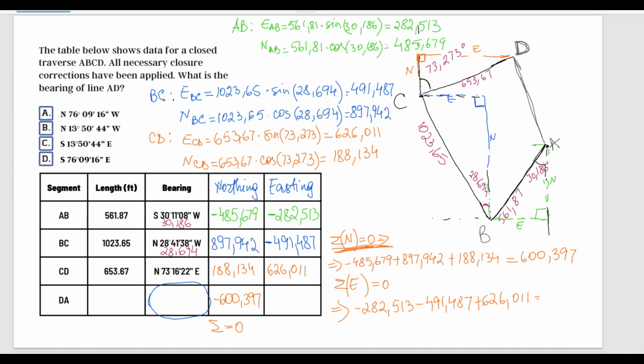Do 282.513 negative, 491.487 negative. I'm going to add this up. And then I get 626.011. Add this up.